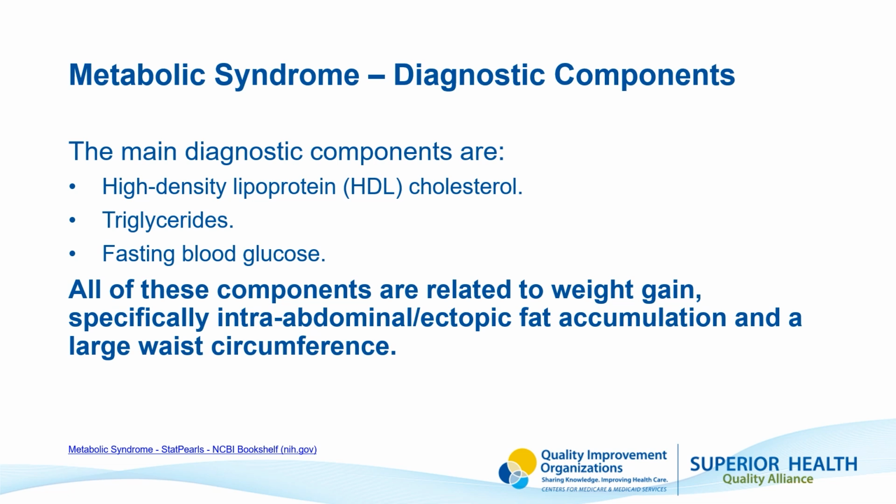Most of the disorders associated with metabolic syndrome don't have obvious signs other than a large waist circumference or symptoms unless the blood sugar level is high. And then you might notice symptoms that are associated with that, such as an increased thirst and frequent urination.